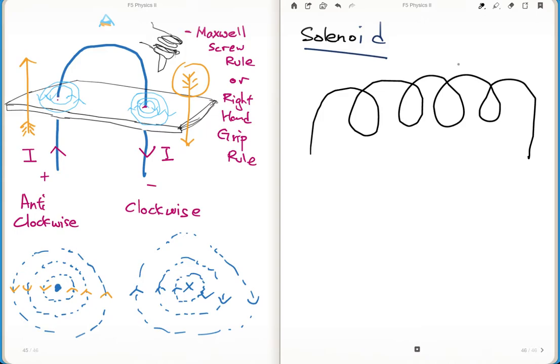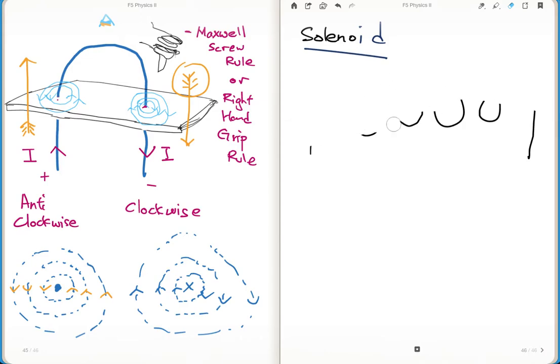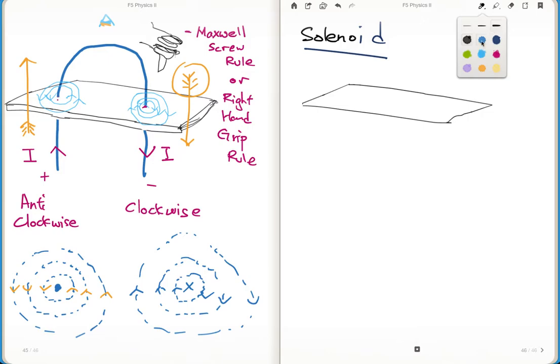Now, I think the best would be on a piece of paper, I mean a plane, because you are about to trace the magnetic field. Okay, on the plane. So what happened?